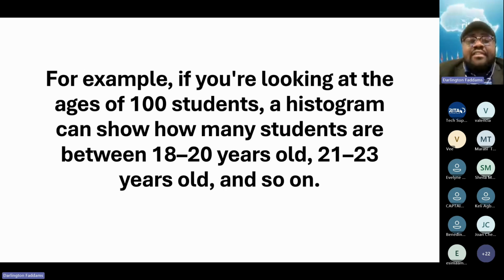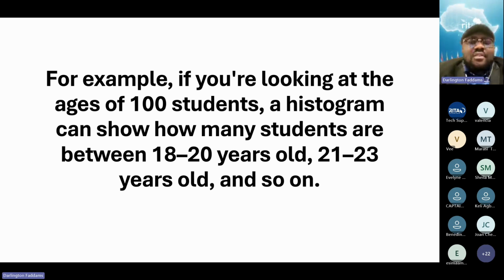For example, if you are looking for the ages of students in a class, and we have 100 students, you can see that there are different types of ages. We are not really interested in the individual ages, but a histogram can show how many students are between 18 and 20 years old. How many students are between 21 and 23 years old, and so on.